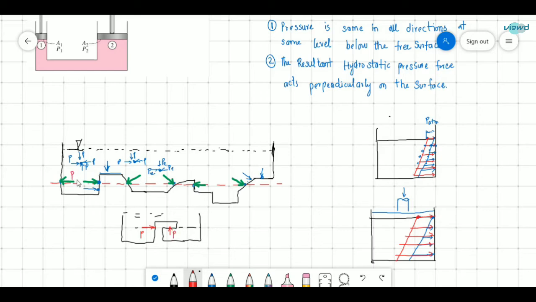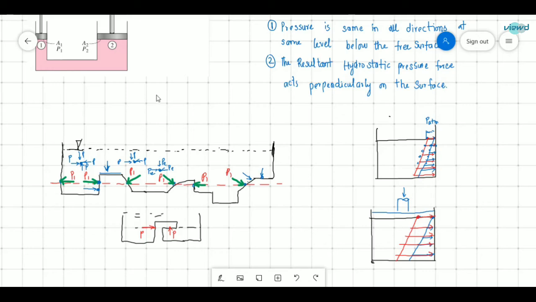So here, let us say P1 is acting, here also P1, P1, P1, like that. So perpendicular to the surface, that will be acting. These 2 points are needed to apply Pascal's law.